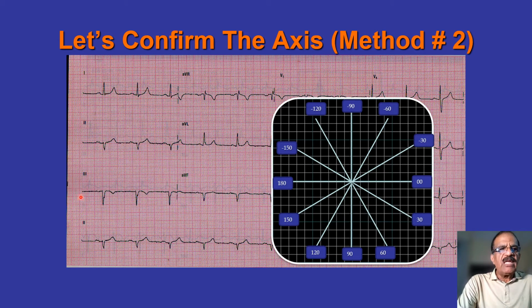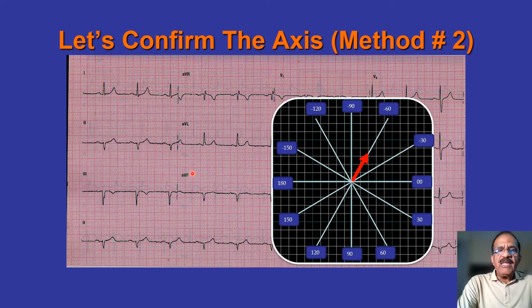In this case, obviously it is limb lead 3, this one. So we draw an arrow. Since this is a downward deflection, we draw an arrow along the negative axis of limb lead 3, and the length of this arrow is proportionate to the depth of this S wave.